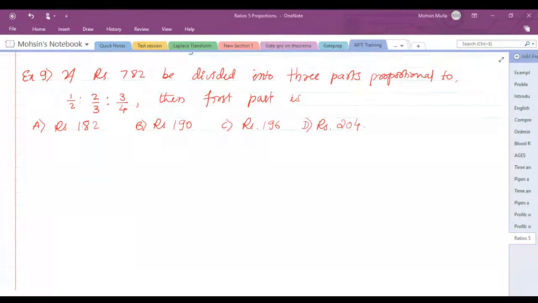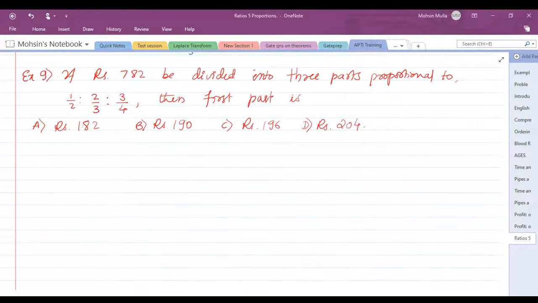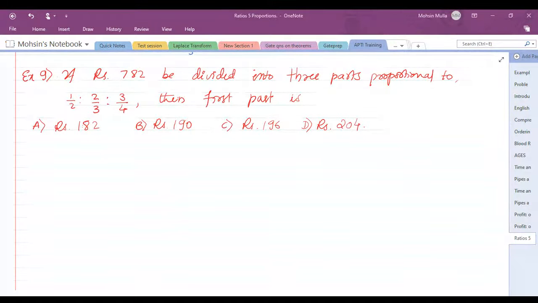That I'm asking. Because 1 by 2 plus 2 by 3 plus 3 by 4 is not 23. Then 23 by 12. That is what I'm asking. What is the ratio? Anybody else?